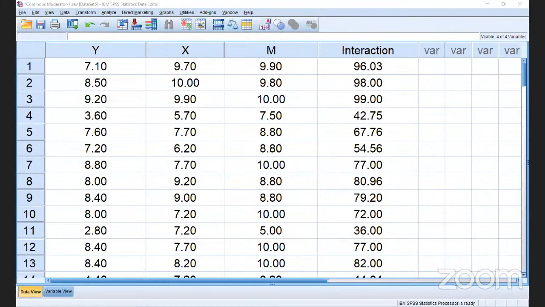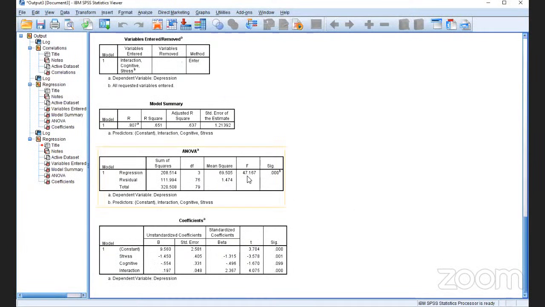Now I am sharing the output. So you can see here, this is the output. The ANOVA table tells us it's a significant difference. Whether the interaction is significant or not, we can check here.